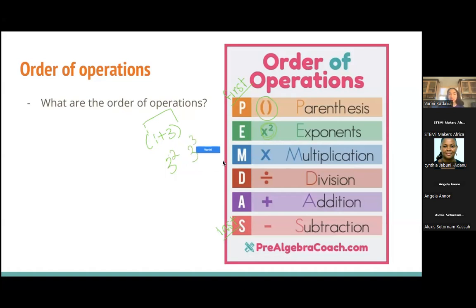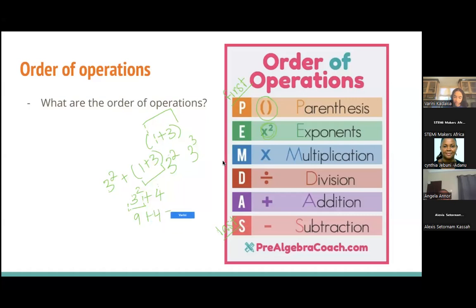So if you have an expression like 3 squared plus 1 plus 3, you do the 1 plus 3 first, so you'd get 4 plus 3 squared, and then you do the 3 squared, which will give you 9 plus 4, and then you get 13.